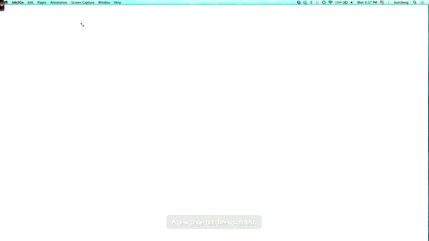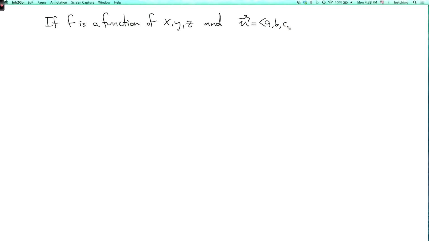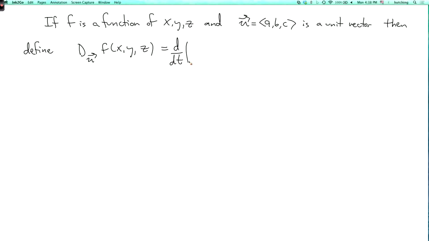Now for functions of 3 variables, it's very much analogous. So if f is a function of x, y, z, and u equals abc is a unit vector, then we define D_u f at xyz is the derivative at t equals 0 of f of x plus at, comma, y plus bt, comma, z plus ct.